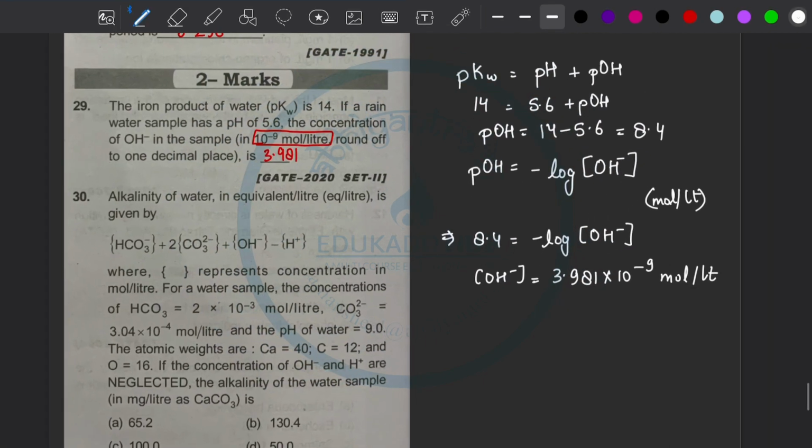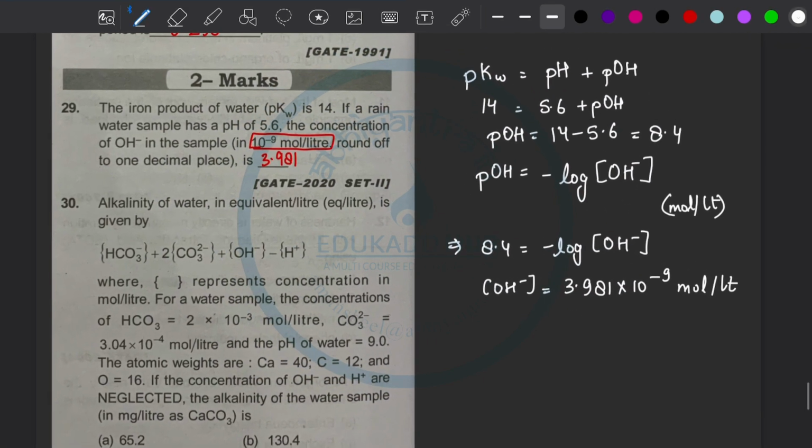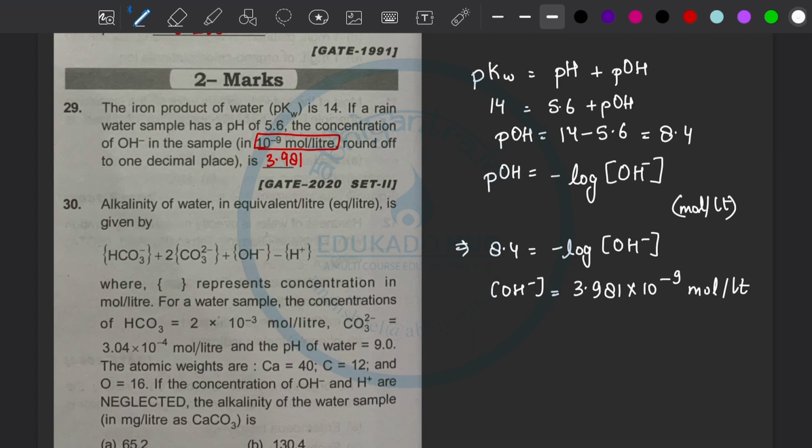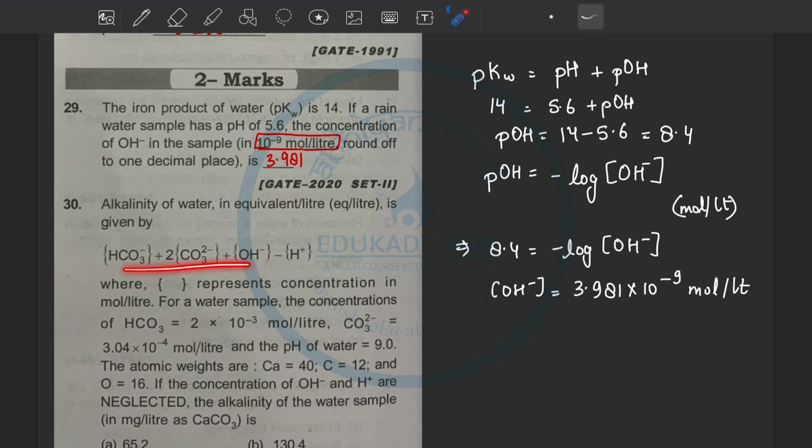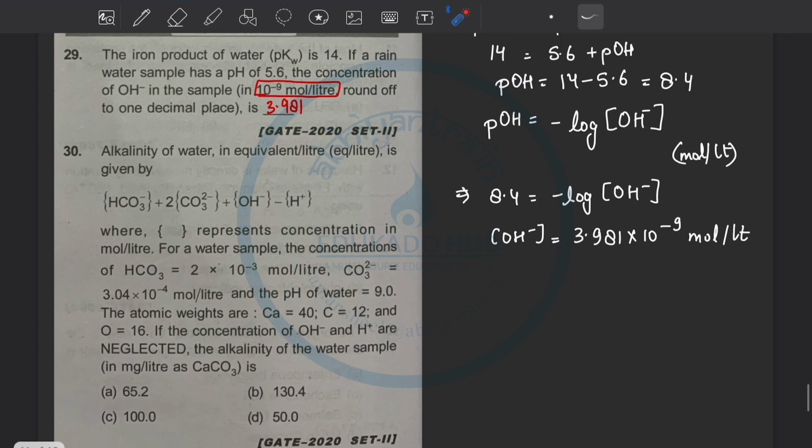So the next question is question number 30. Alkalinity of water in equivalents per liter is given by HCO3 minus plus 2 CO3 2 minus plus OH minus minus H plus, where the bracket represents the concentration in mole per liter.